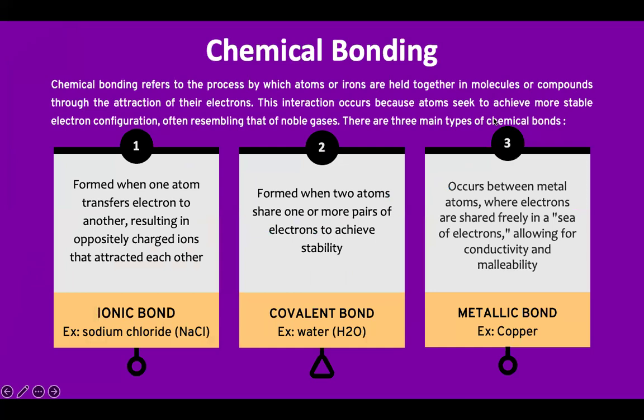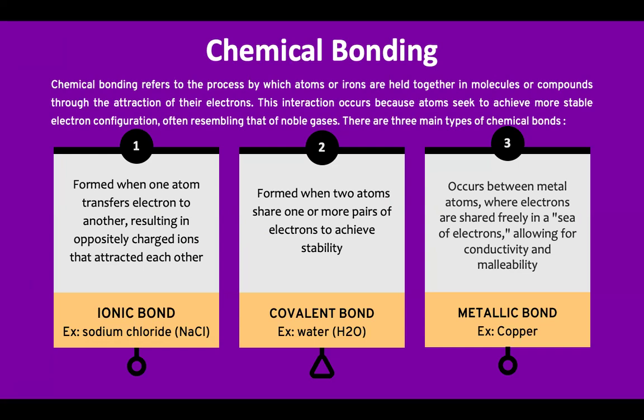Chemical bonding refers to the process by which atoms or ions are held together in a molecule or compound through the attractions of their electrons. This interaction occurs because atoms seek to achieve a more stable electron configuration, often resembling that of noble gases. There are three main types of chemical bond.